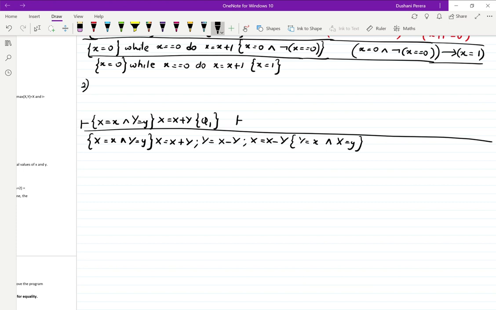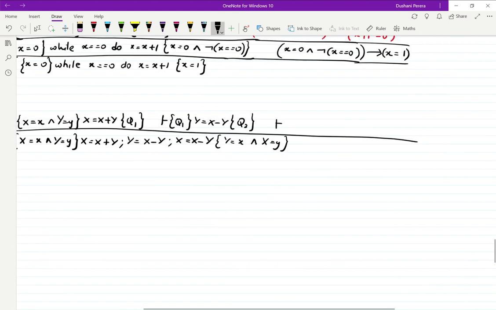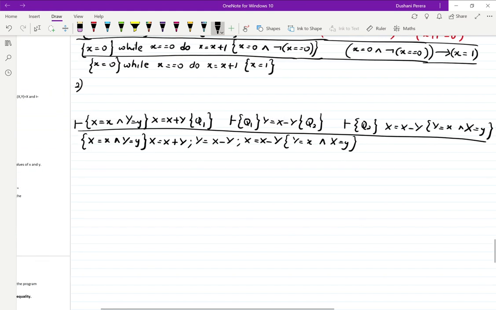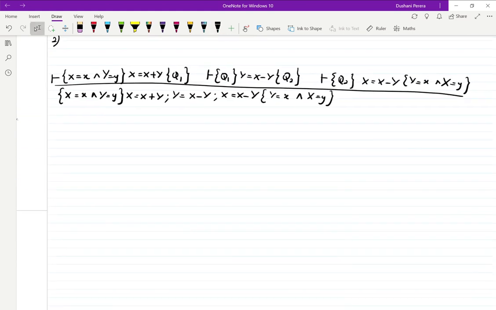The post condition of the first one will be the precondition of the second. The post condition of the second will be the precondition of the third. Okay, so this is what we have.